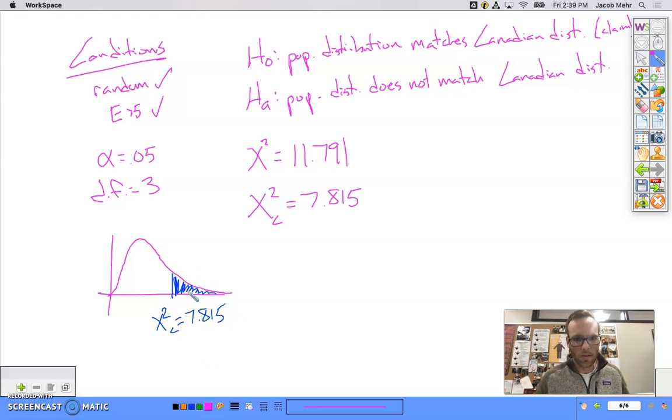Our chi-squared is clearly in that. We will reject the null hypothesis.